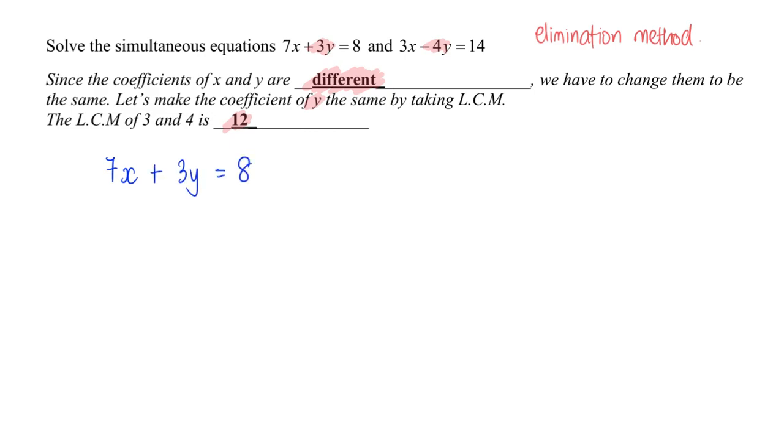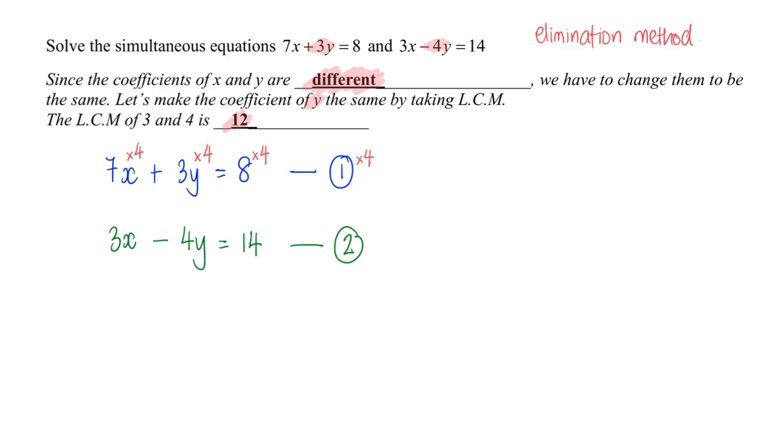So I will have my first equation here and my second equation here. Next, in order to make the coefficients the same, I'm going to multiply by 4. But if I do that, I must do that for every single term.